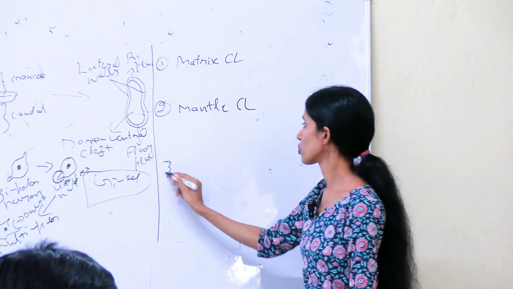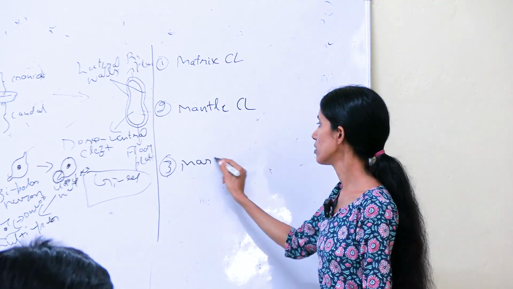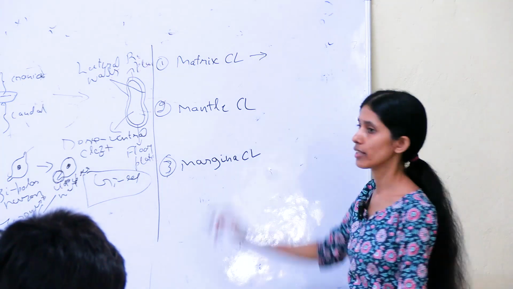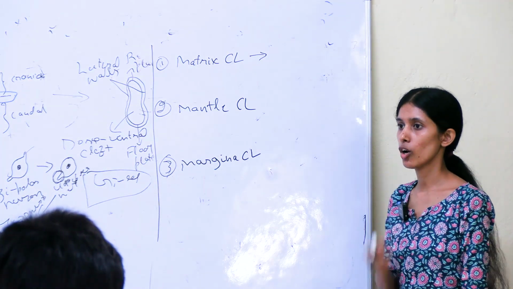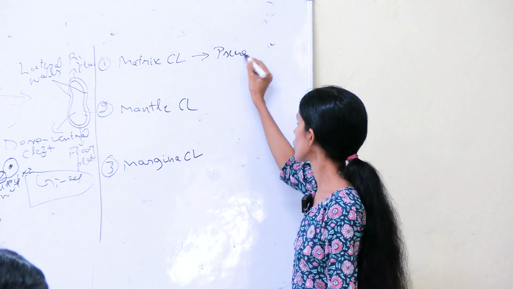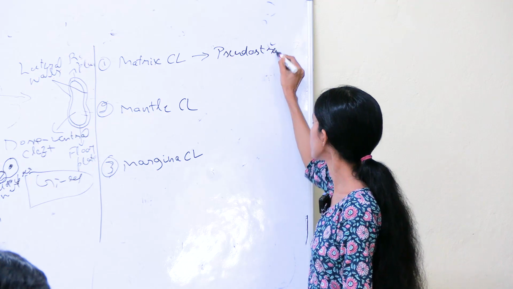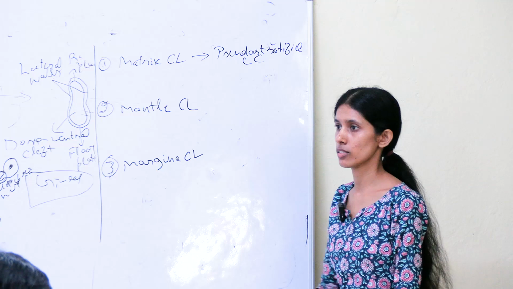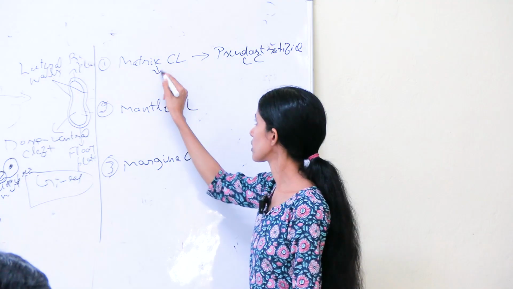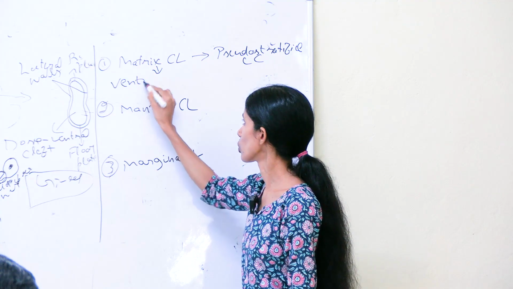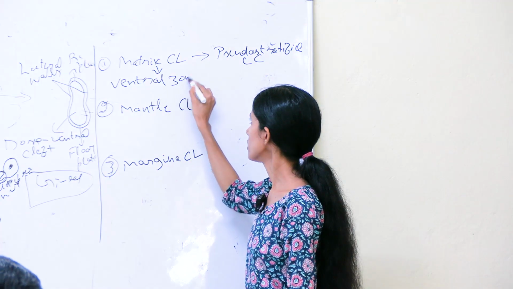The last one is the marginal cell layer. Your matrix cell layer is lined by which cells? It is lined by pseudostratified columnar cells. This matrix cell layer is also referred to as the ventral zone.